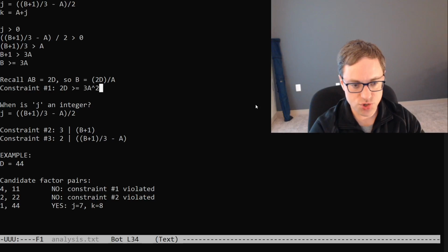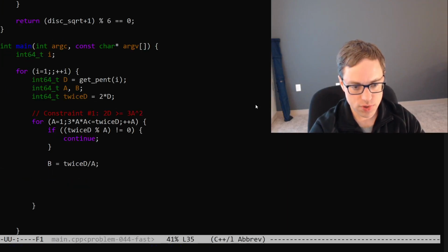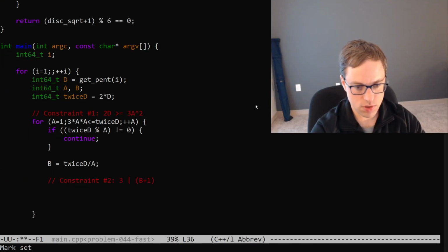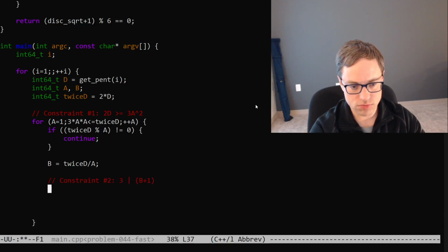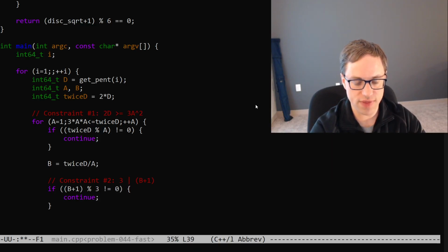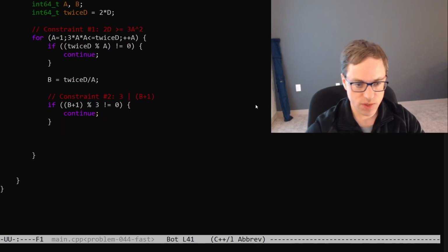And now we need to do our other checks. So we'll say constraint number 2. If b plus 1 mod 3 is not equal to 0, then continue. Try the next possibility.